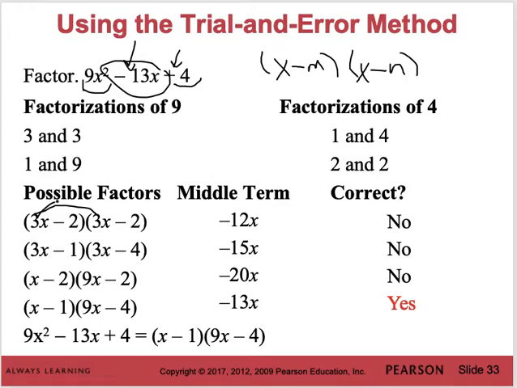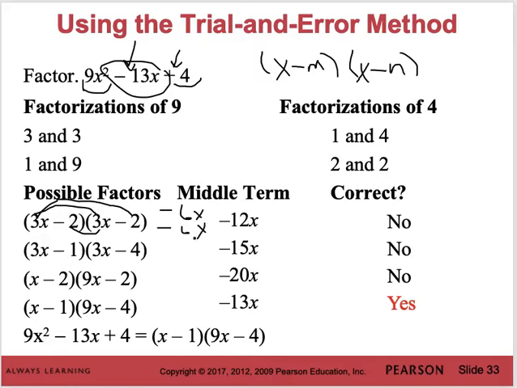Outside, negative 3x times 2 gives me negative 6x. Okay. And inside, negative 2 times positive 3x gives me negative 6x. So to find my middle term, I would add those two together.